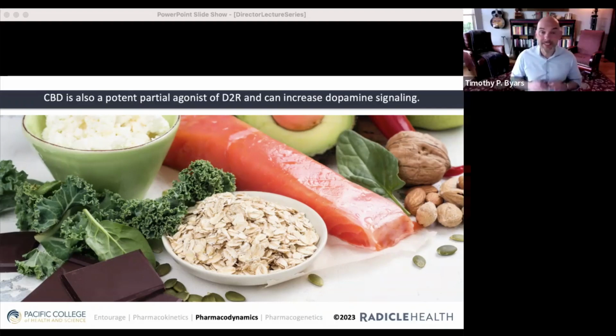So when we have dysfunction of dopamine receptor signaling, it can contribute to neuropsychotic and neurodegenerative disorders. So things like Parkinson's, but also drug addiction and compulsive behavior, ADHD, schizophrenia. So dopamine receptors are commonly prescription drug targets. The relation between cannabinoids and dopamine release is complex.